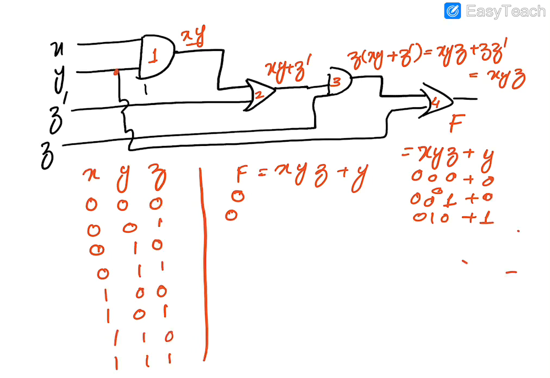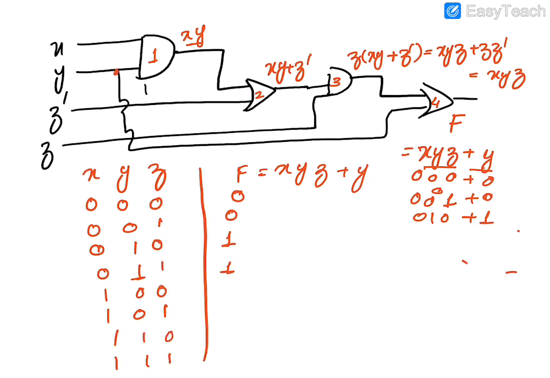So if any of the inputs of this f is 1, then the output will be equal to 1, because this is the OR of y and x, y, z. So here again the function will be equal to 1. If y is 1, you can see that your function is OR of y and xyz. Here again y is 1, so the output will be equal to 1.